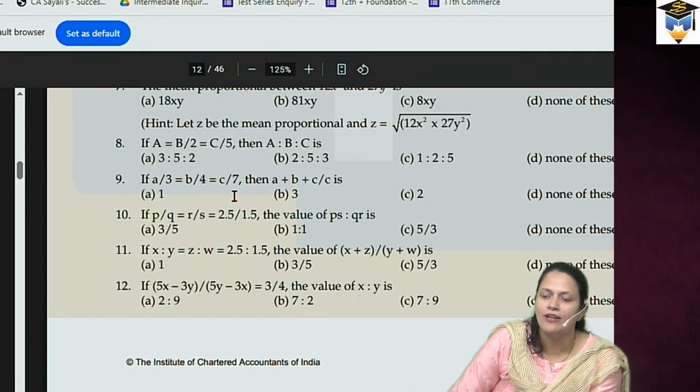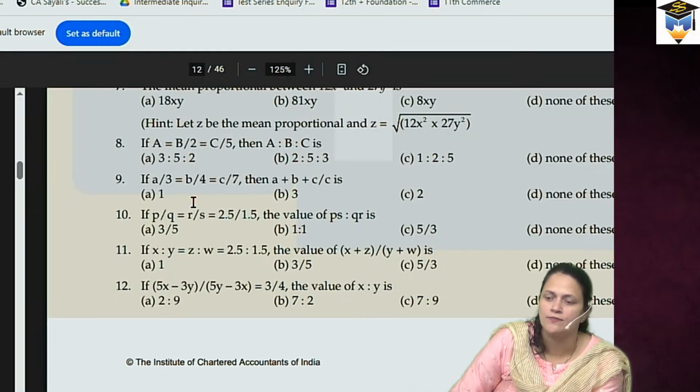9th one. See, the 9th one we have already solved, from the module, the solved example which was important. Same question. Answer is C for the 9th one. We have already solved it, so I am not going to solve it again. I have explained it very well.